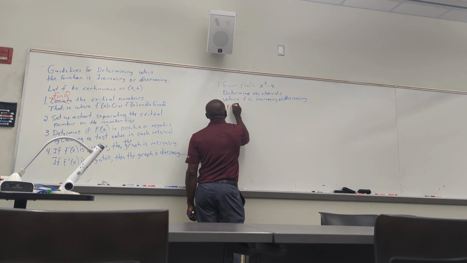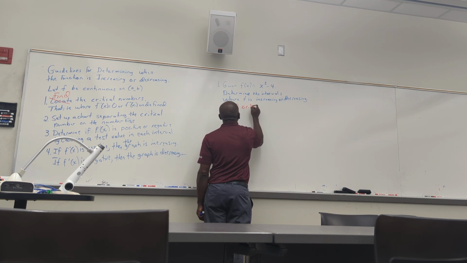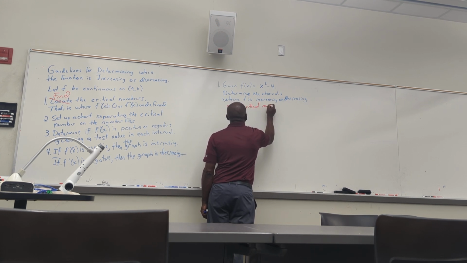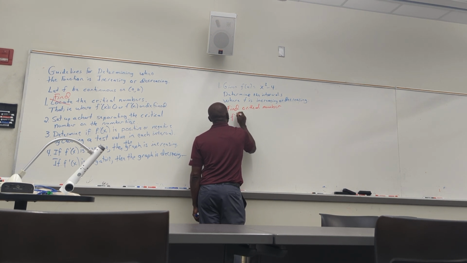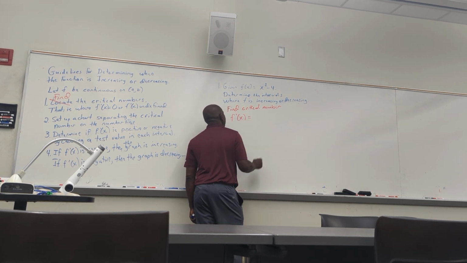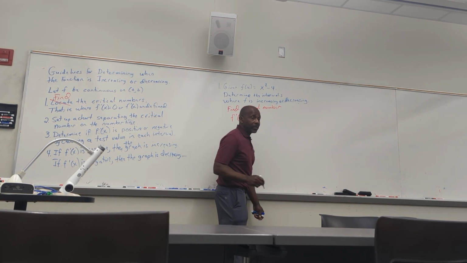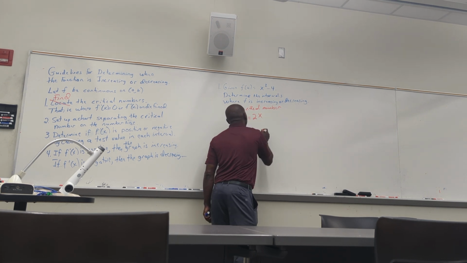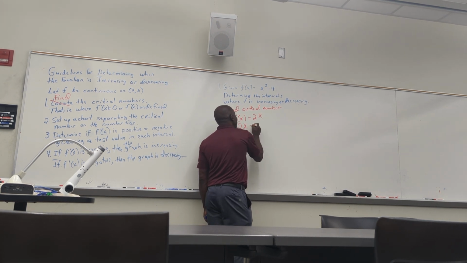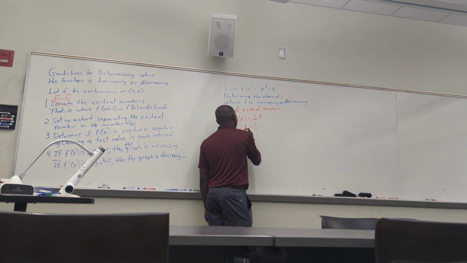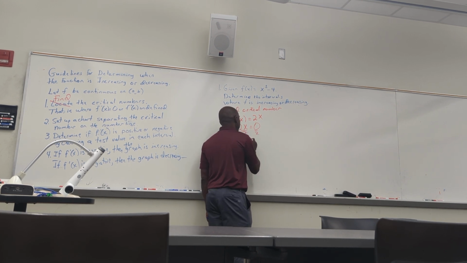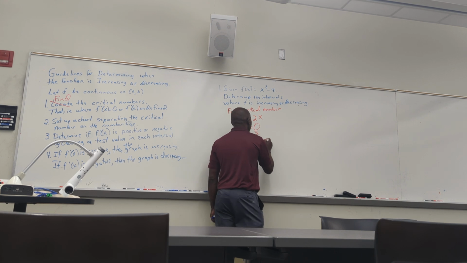So first I'm going to find critical numbers. And f prime of x in this case is 2x. Then we say 2x equals what, class? 0. So x is 0, this is our critical number.